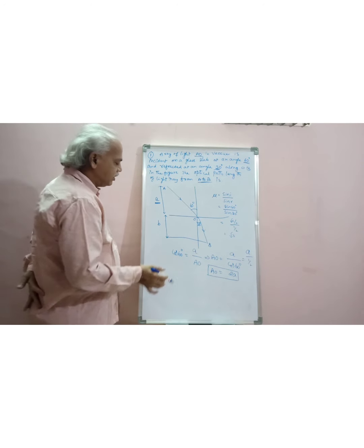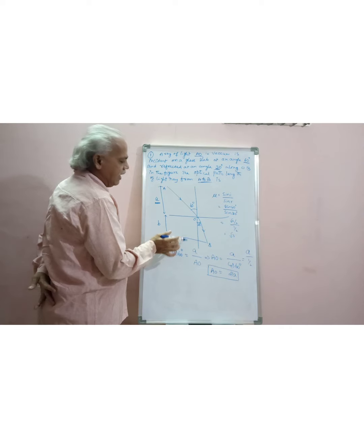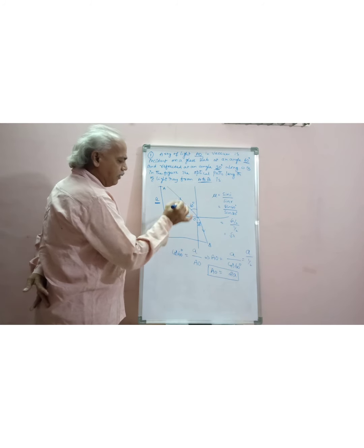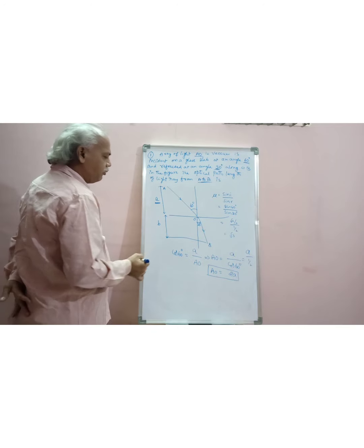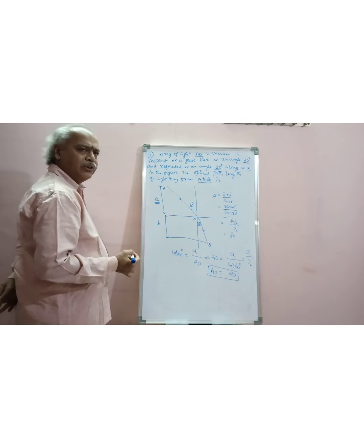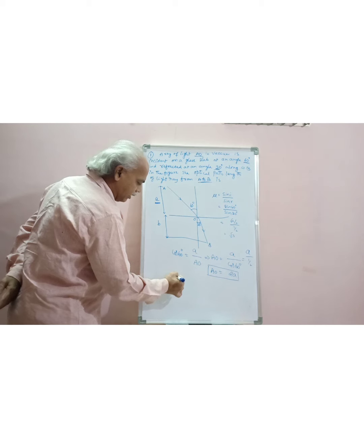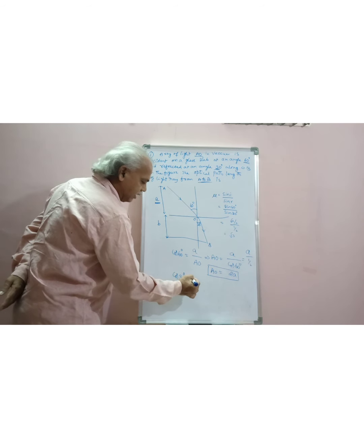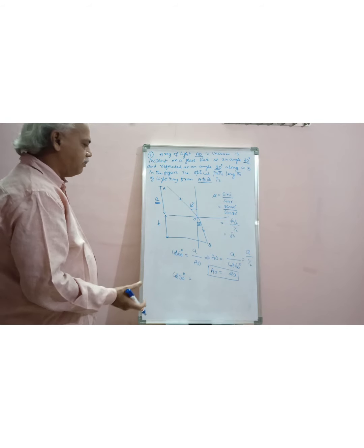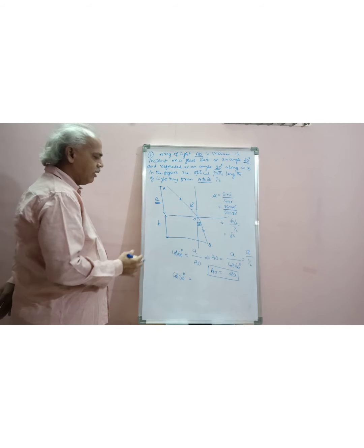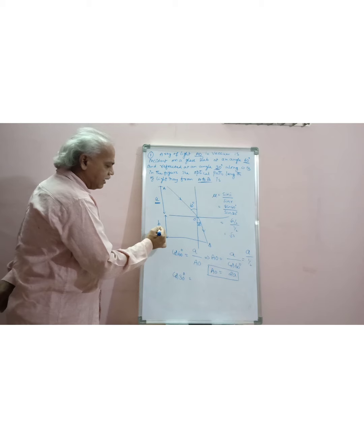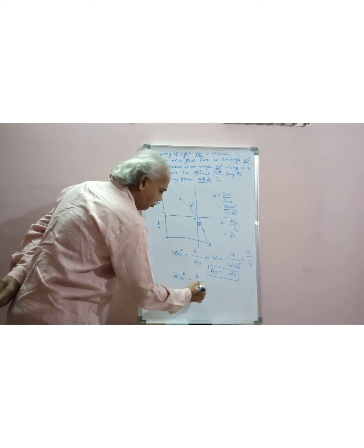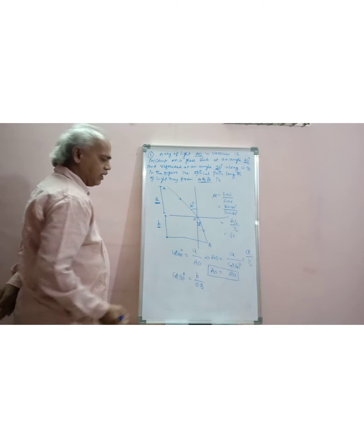Then the distance travelled by light in glass slab is OB. The distance OB value is, here also we take cos 30. So cos 30 is equal to adjacent side by hypotenuse. This adjacent side is nothing but b, so b by OB, OB is hypotenuse.